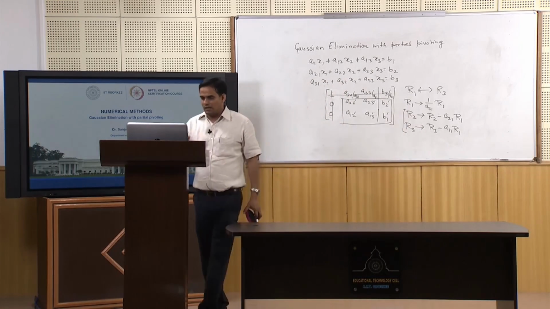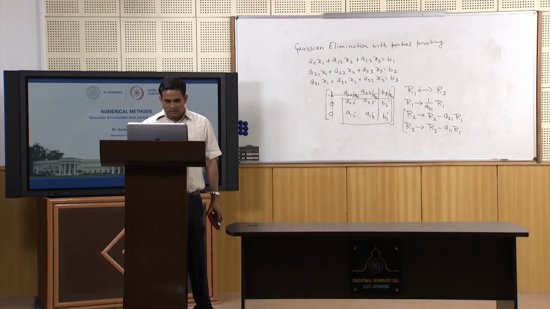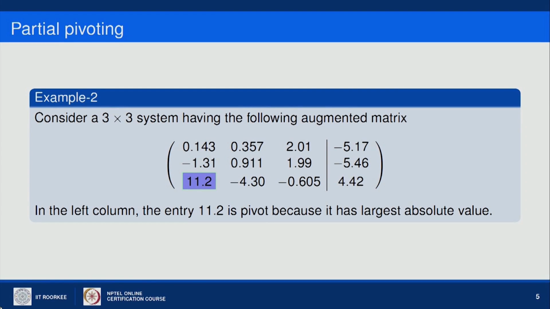So, let us take an example of this method. I will consider the same example which I took in my previous lecture, for which I got a wrong answer using Gaussian elimination. Here is the same augmented matrix, 3 equations with 3 unknowns.